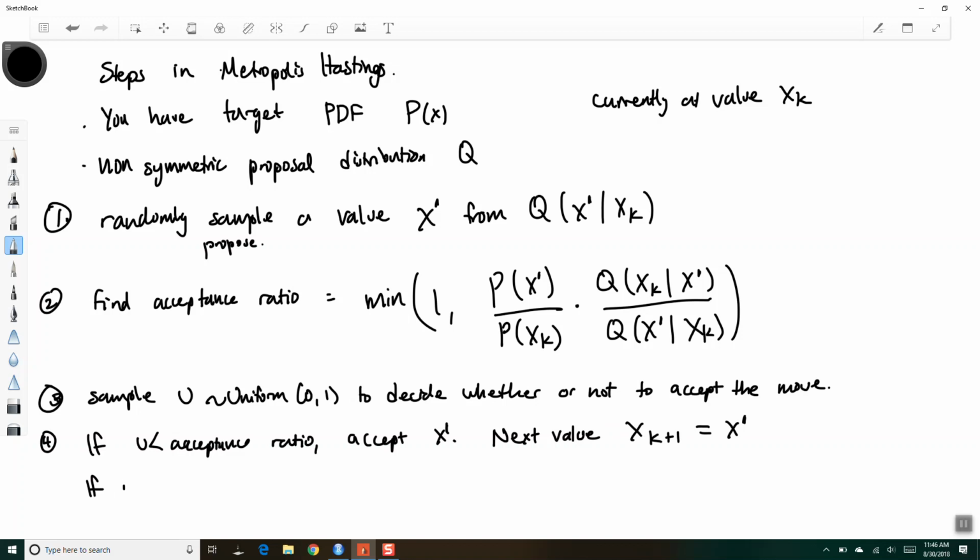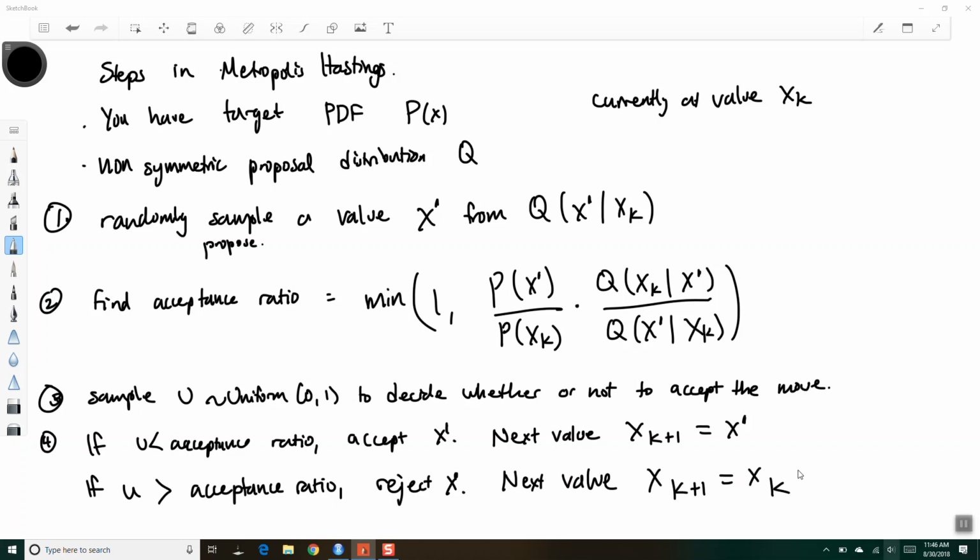And if U is greater than the acceptance ratio, reject x prime. The next value, x at time k plus 1, will just be your current value xk.